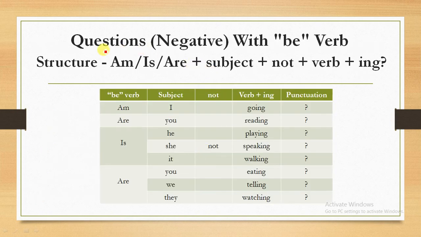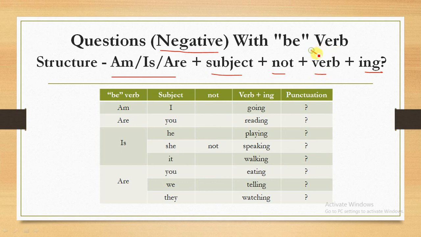So in this slide we will see how we create negative question sentences, meaning when we want to ask any particular question to someone in a negative way. With the help of this structure we can create these sentences: be verb plus subject plus not plus verb plus ing.